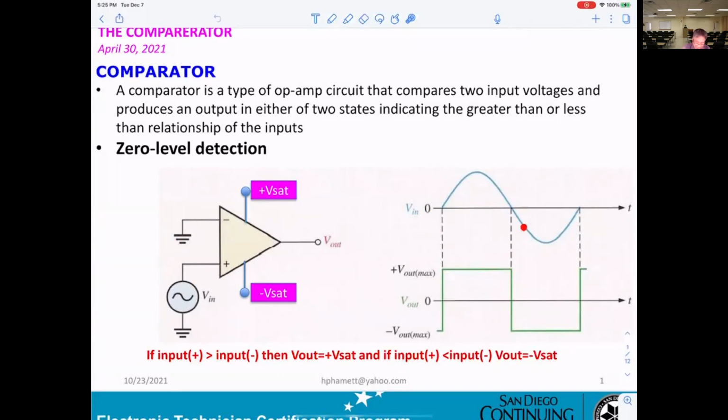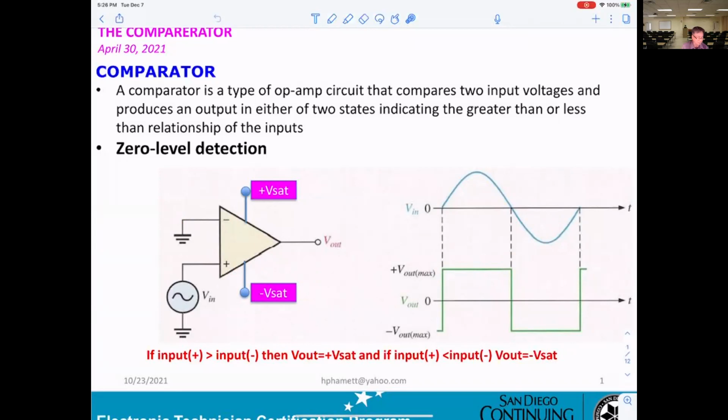And when the input is negative, it will be less than ground. That means the negative input is higher than the positive, so the output will go to minus V saturation. You can see that's very, very simple.